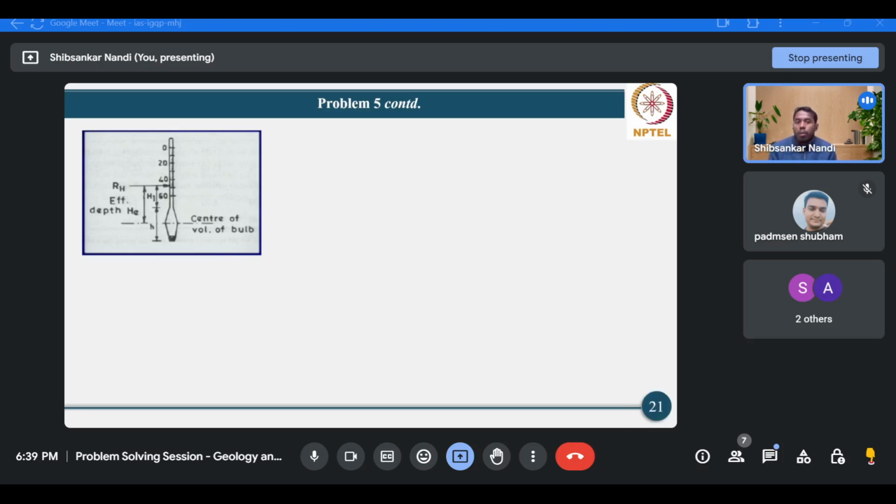Okay, so you are on the right track. That means you are trying to say that soil particles.